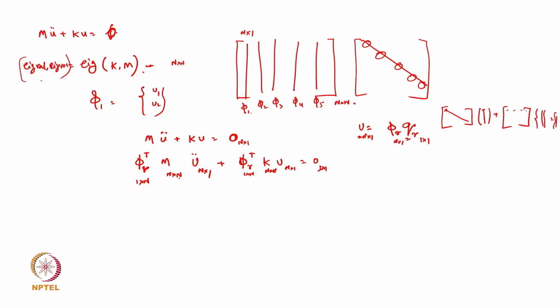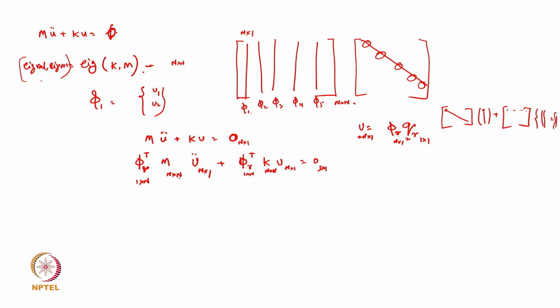Obviously we do something with some hope only. So we do that with the hope that u equals phi r times q r. Q can also be written as q r. Now just try to understand whether the dimensionality is correct or not.